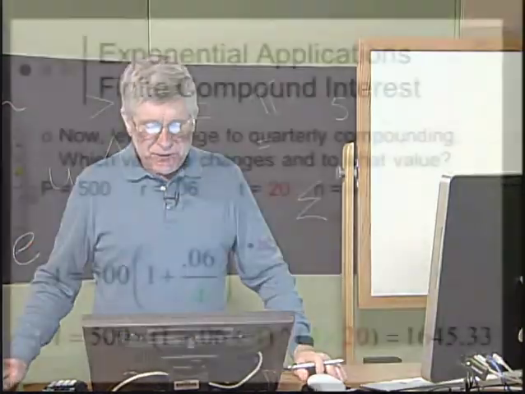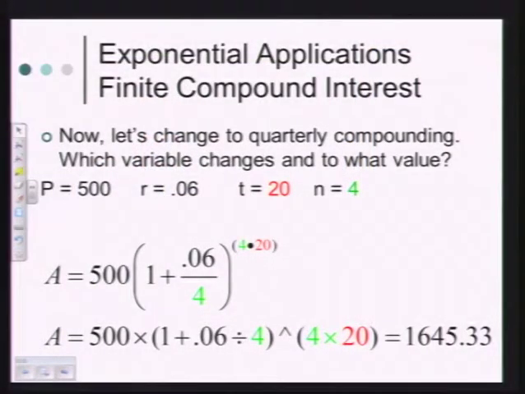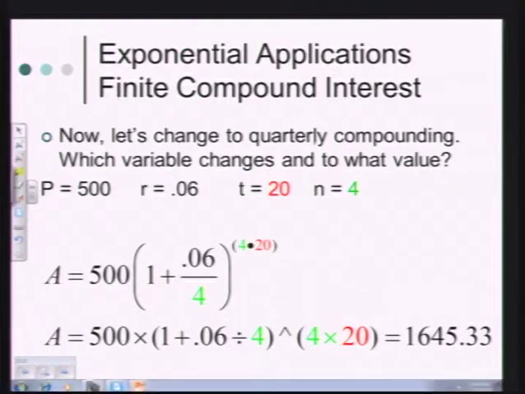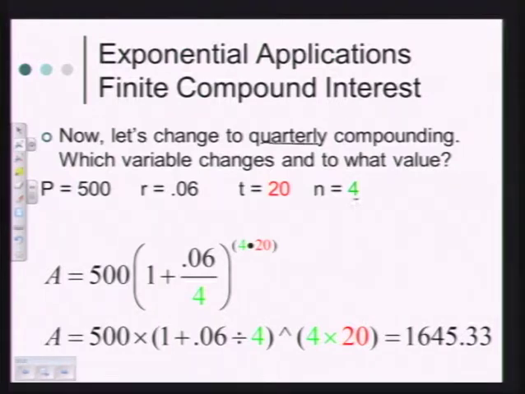Let's say in this case, Bob wants to change to quarterly compounding. You know, he liked getting interest once a year. Now he says, wait a minute, he's getting a little greedy, to be frank. But let's say I want interest to be paid every 3 months, or quarterly, which would be 4 times a year.